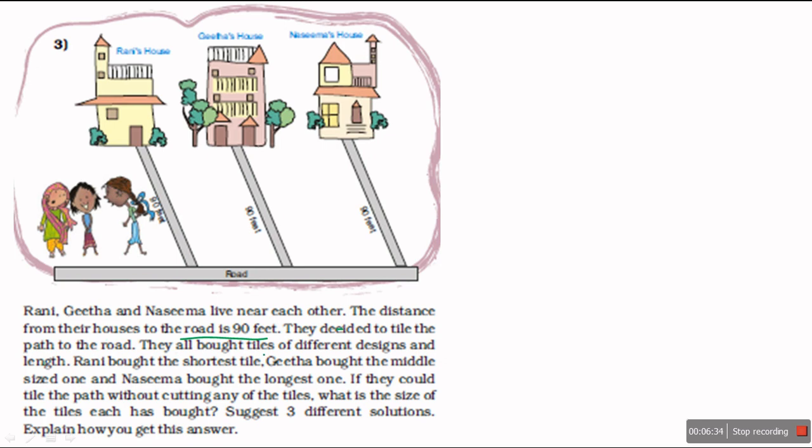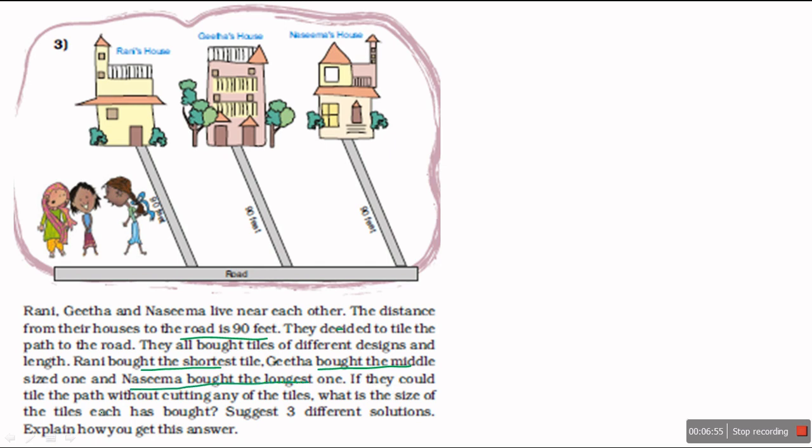They all bought tiles of different design and length because everyone has a different choice. Rani brought the shortest tile, Geeta bought the middle one, and Nasima bought the longest one.